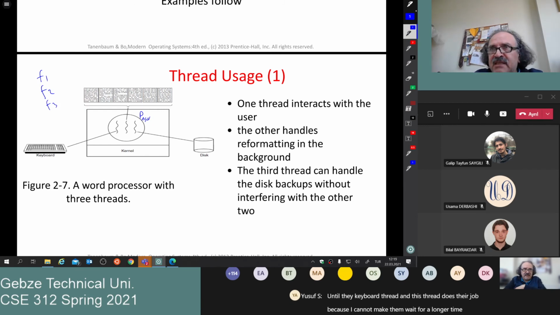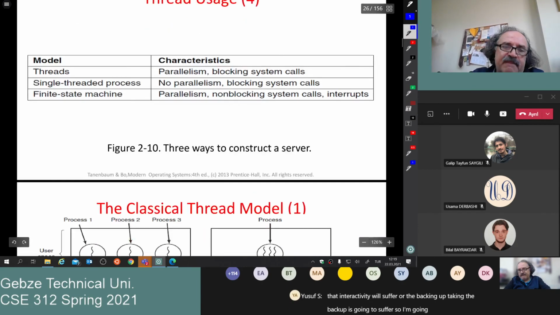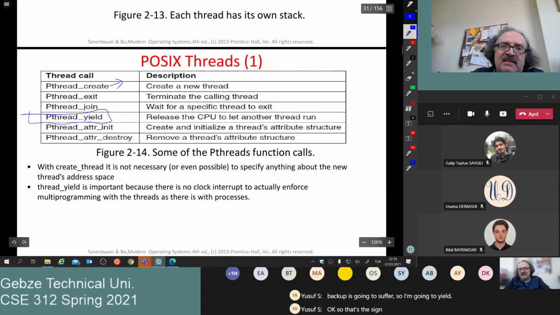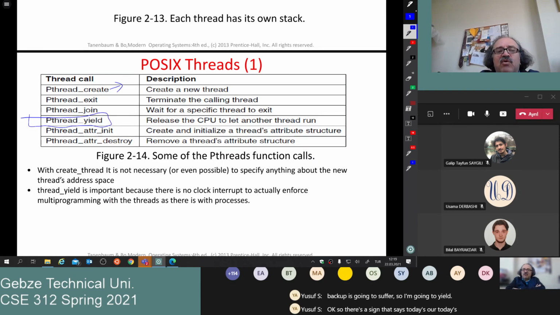If I do that, interactivity will suffer, or taking the backup is going to suffer. So I'm going to yield. Okay? So that's a sign that says threads are cooperating with each other. They are not competing.